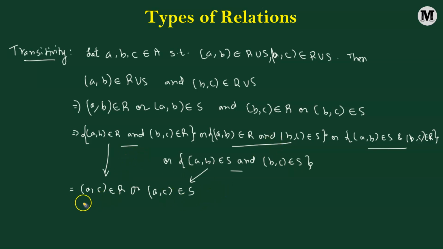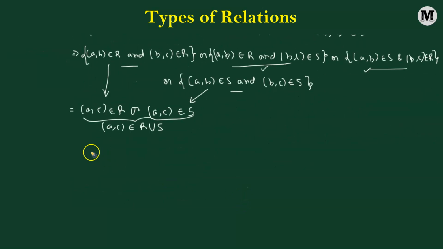So if we consider only the first and fourth statements, then yeah, it makes perfect sense that we can say that A comma C is going to belong to R union S, and that would have sufficed to say that our given relation R union S is also transitive. However, because of these two statements, we cannot say with surety that our relation is a transitive relation. So here what we'll say is R union S is not a transitive relation.